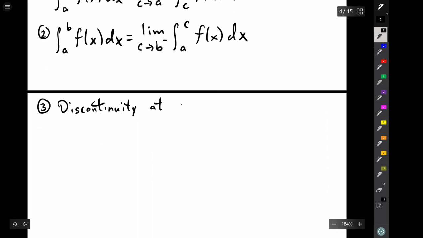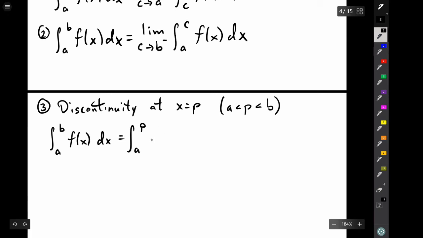All right, so discontinuity at x equals p. Let me emphasize that p is between these two numbers. Then to do this integral, we're again going to split it in two pieces like this. This is supposed to be b. So we split it into two pieces again.